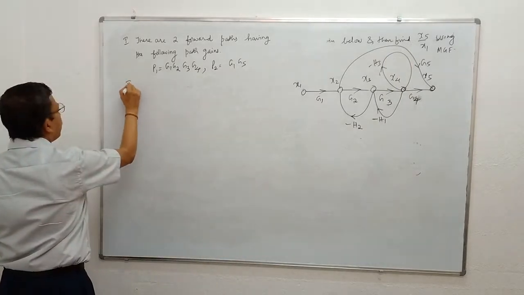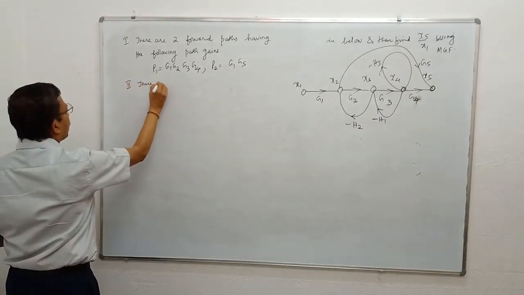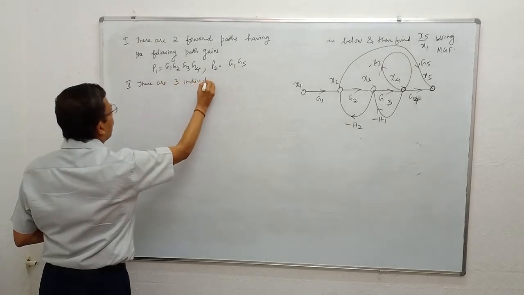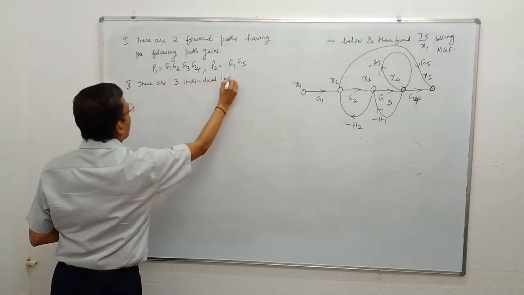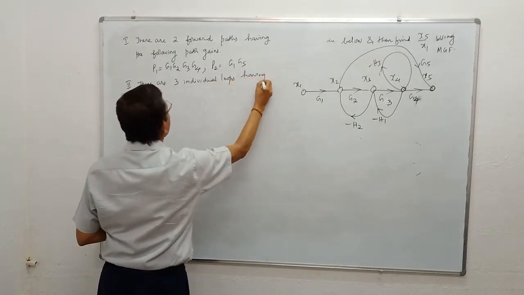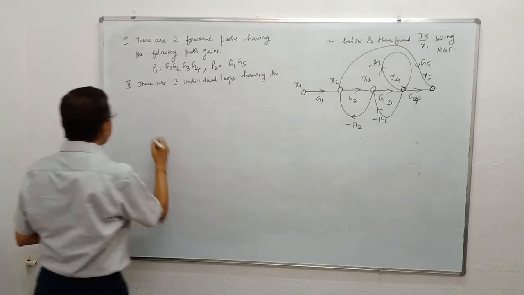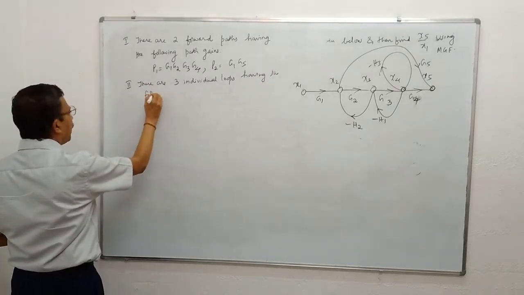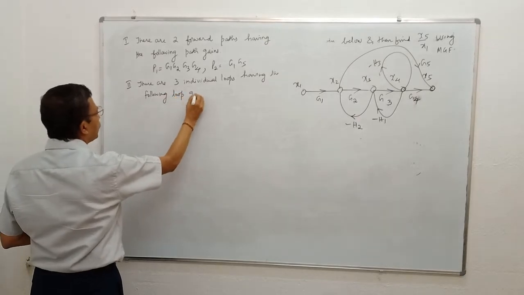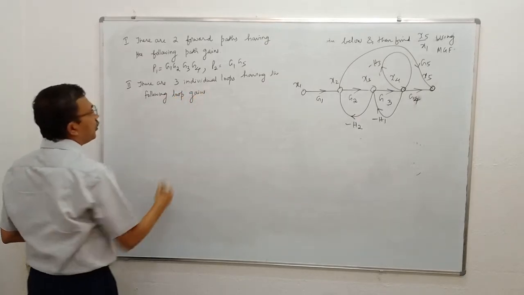Step 2. There are 3 individual loops having the following loop gains.